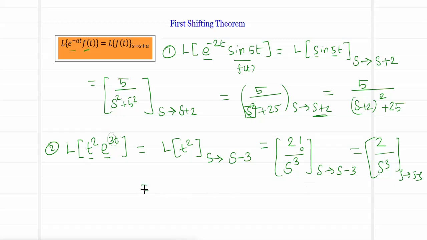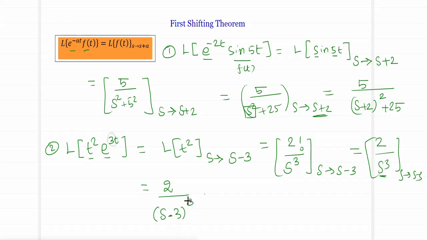So the final answer will be 2 divided by, what is happening to this s? It is replaced with s minus 3. And what you have on the power over here is going to be your cube. So the final answer will be 2 divided by s minus 3 the whole cube.